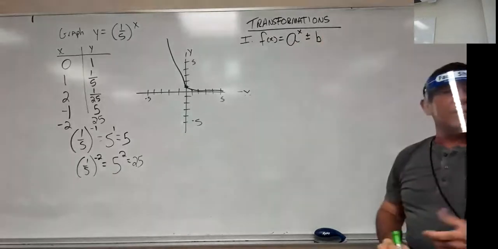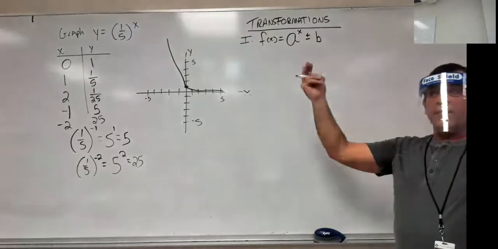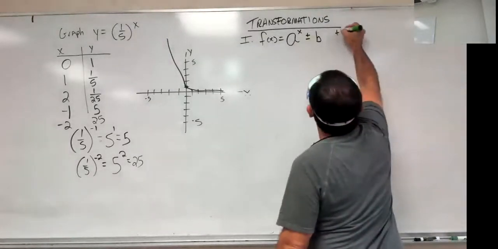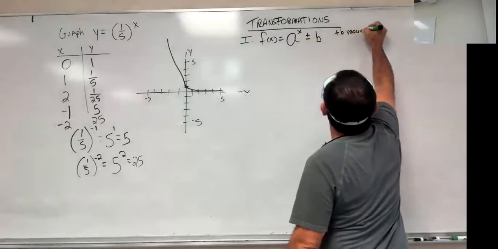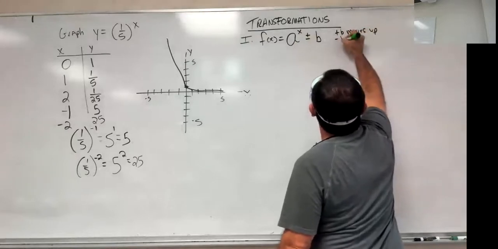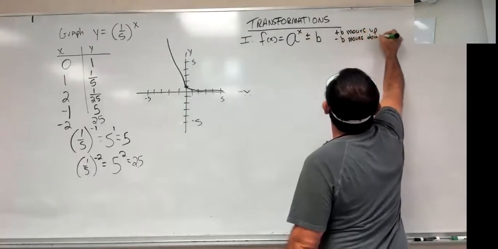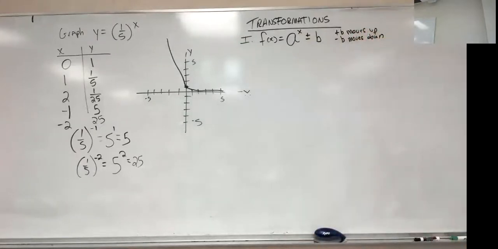If I add a b, it's going to move my graph up still. And if I subtract the b, it's going to move my graph down. So plus b moves up. Negative b moves down. So that's still the same as it was in the 8.1 section.